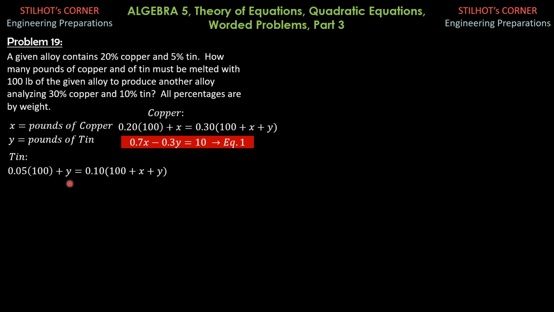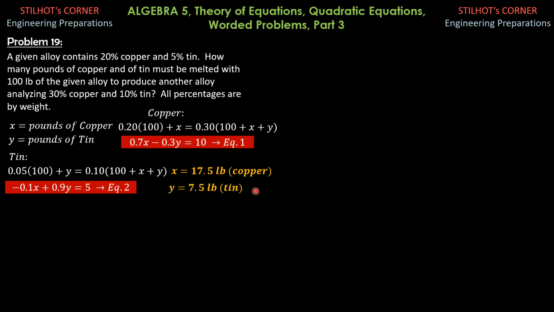So again, negative 0.1 of x plus 0.9 of y equals 5. Equation 2. Solving these two equations simultaneously, we get x equals 17.5 pounds, which is copper, and y, which is tin, is equal to 7.5 pounds.